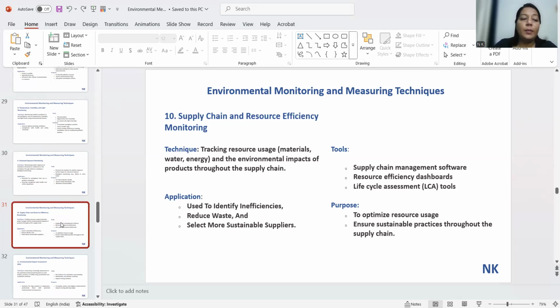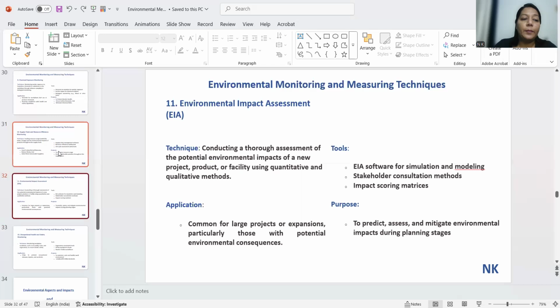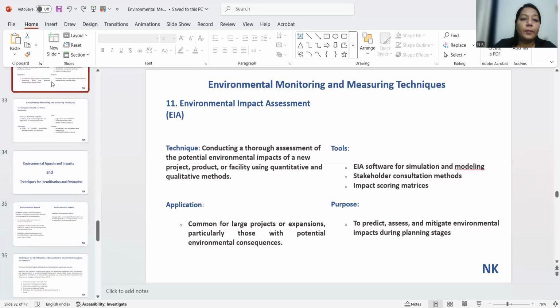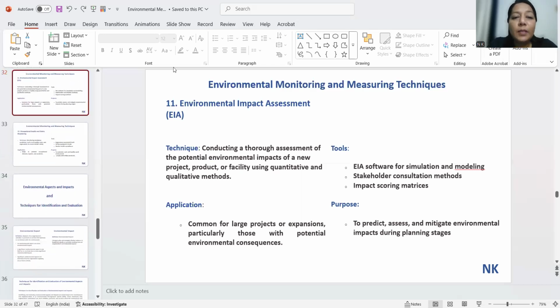Next point is environmental impact assessment, EIA.